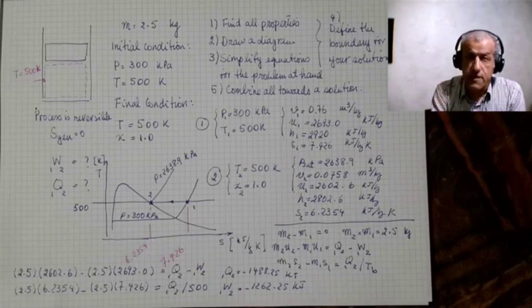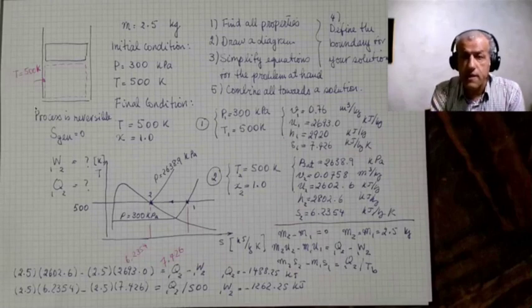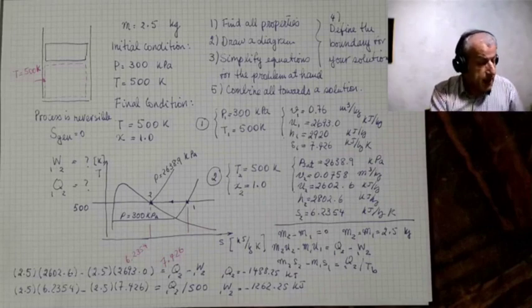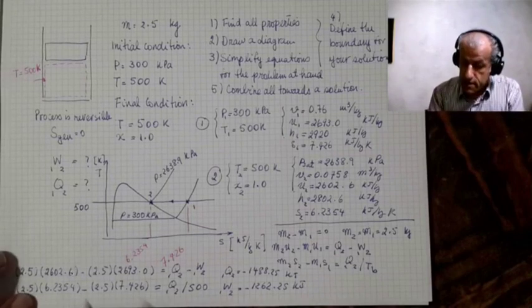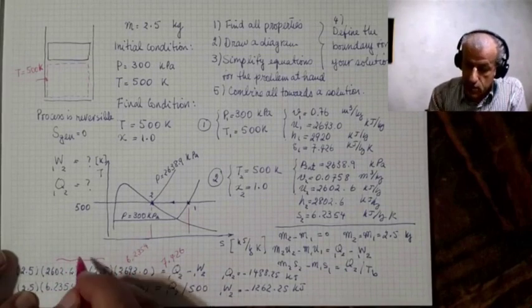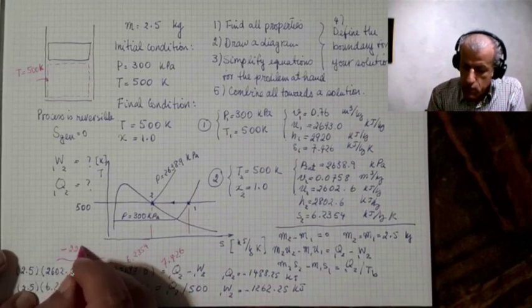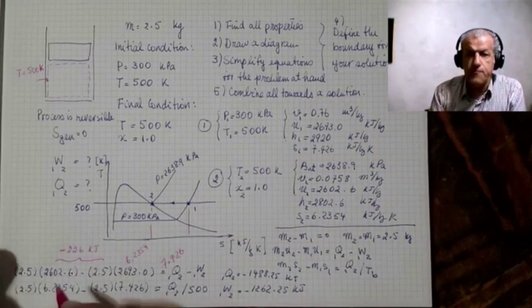So in fact, the cylinder has lost more energy than it has gained. Where has the rest of the energy come from? You see, the internal energy of the vapor inside the cylinder has dropped. How much has it dropped? It is the left-hand side of this equation, which equals minus 226 kilojoules.